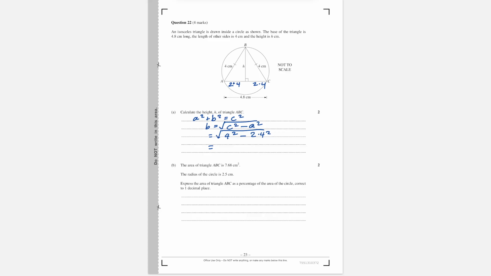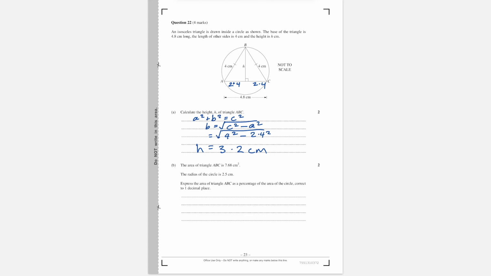So let's punch that into our calculator, and we get 4 squared minus 2.4 squared, and then we square root it, and that gives us 3.2 centimeters for h.